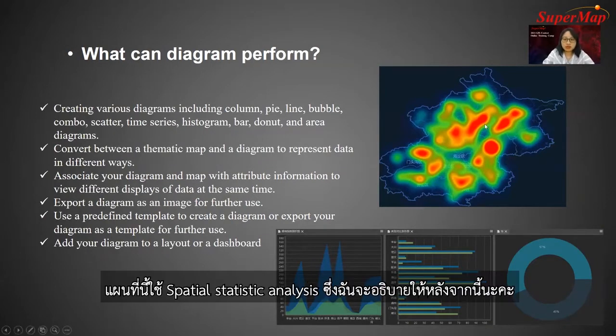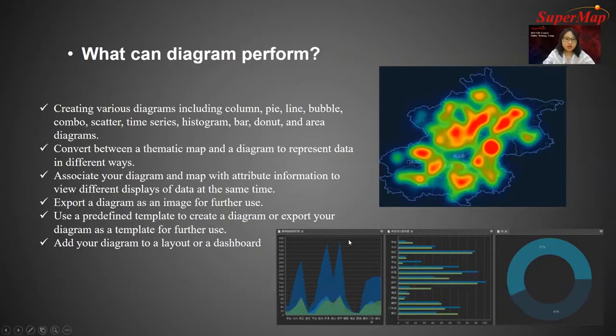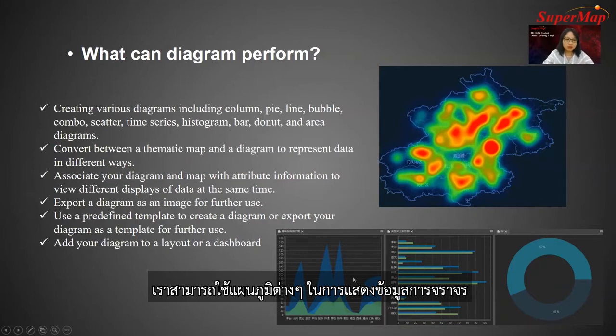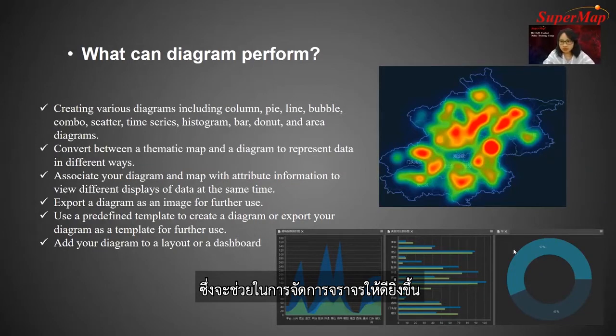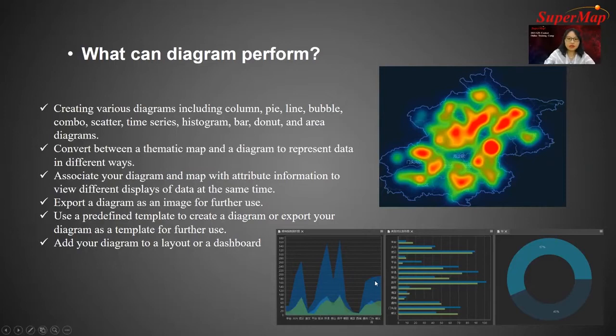This map is about the spatial statistic analysis, which I will introduce to you later. To mine more information, we can create several different types of diagrams to represent the traffic jam situation. From these diagrams, we can get more specific information which can help traffic administrative departments make decisions on traffic improvements. So here are the diagrams.